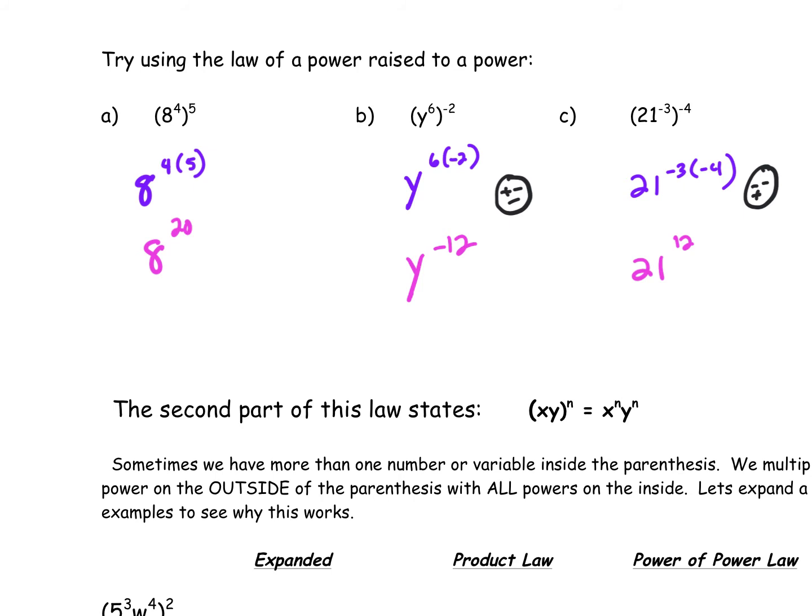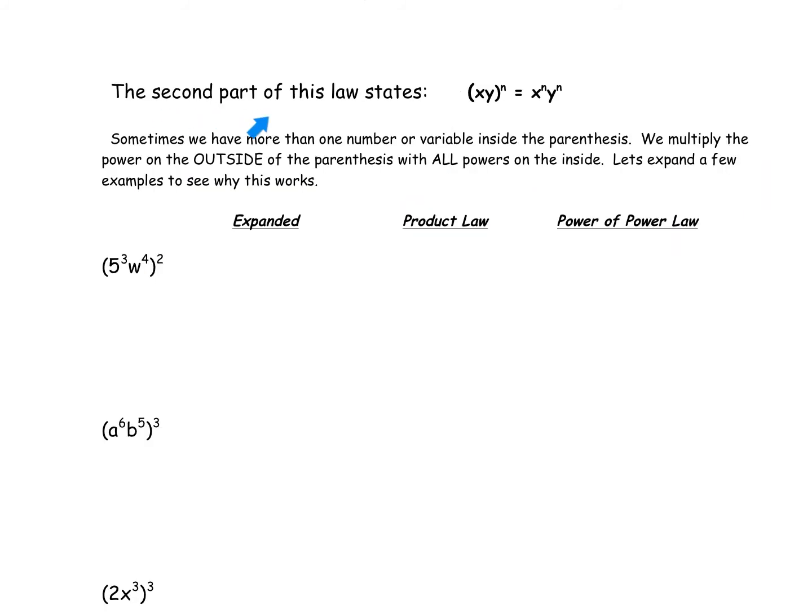Now let's go ahead and try a little bit more challenging law. Please turn to the back side of the paper. The second part of the law looks like this. Sometimes we have more than one number or variable inside the parentheses. We multiply the power on the outside of the parentheses with all of the powers on the inside of the parentheses. So let's expand a few examples to see why this works.